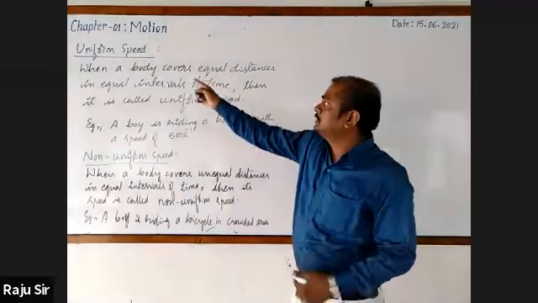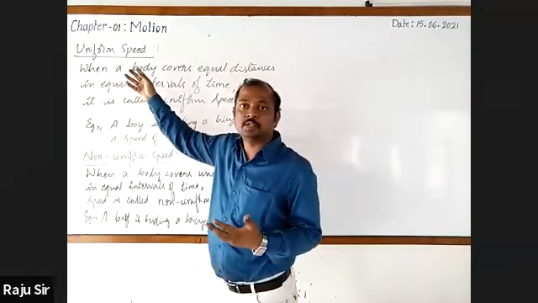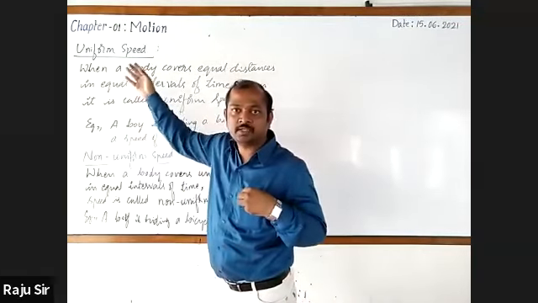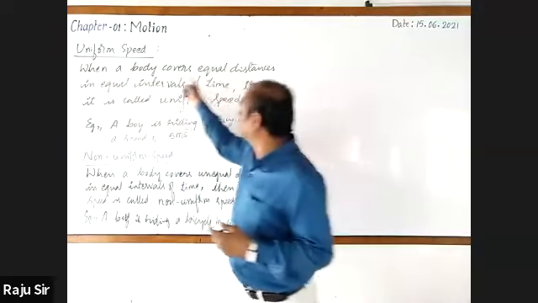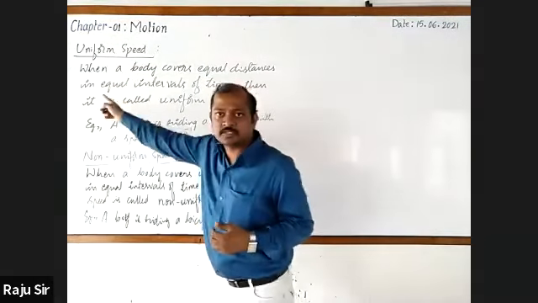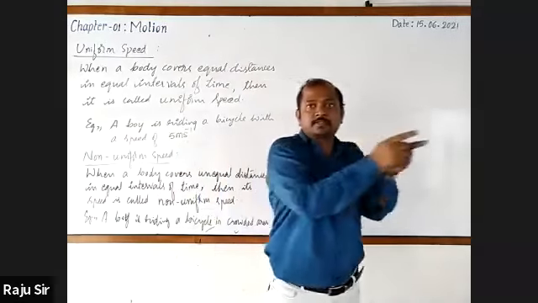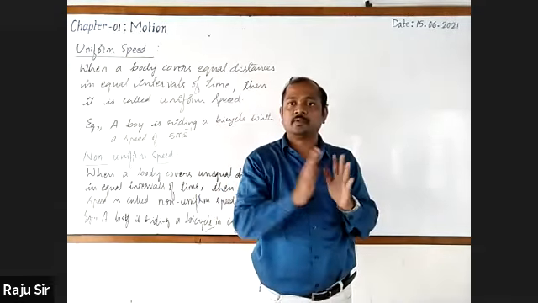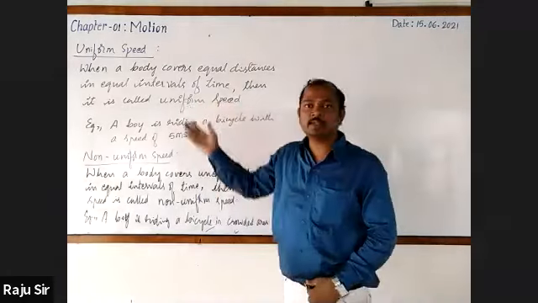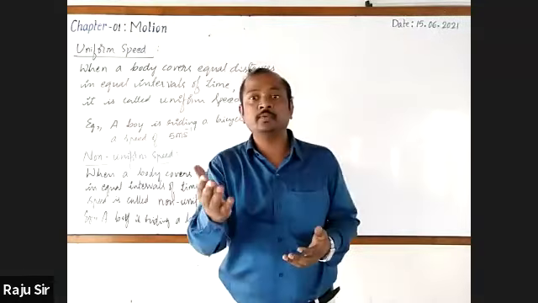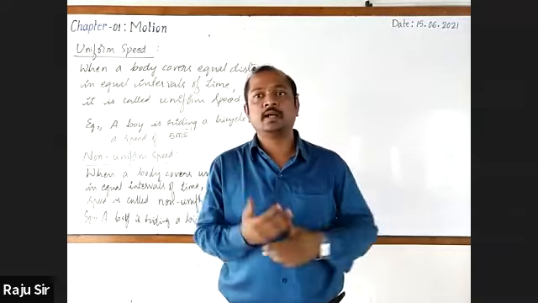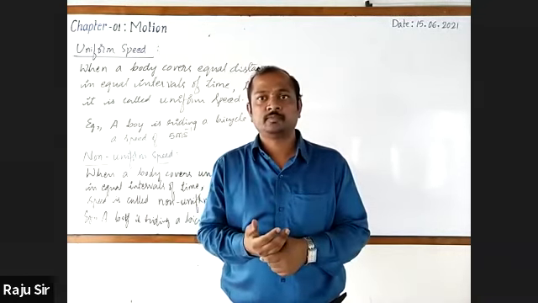Here, you can write the definition of uniform velocity like this. When a body covers equal distances in equal intervals of time, when it travels in a straight line. Got it? Then its velocity is said to be uniform, or it is called the constant velocity.